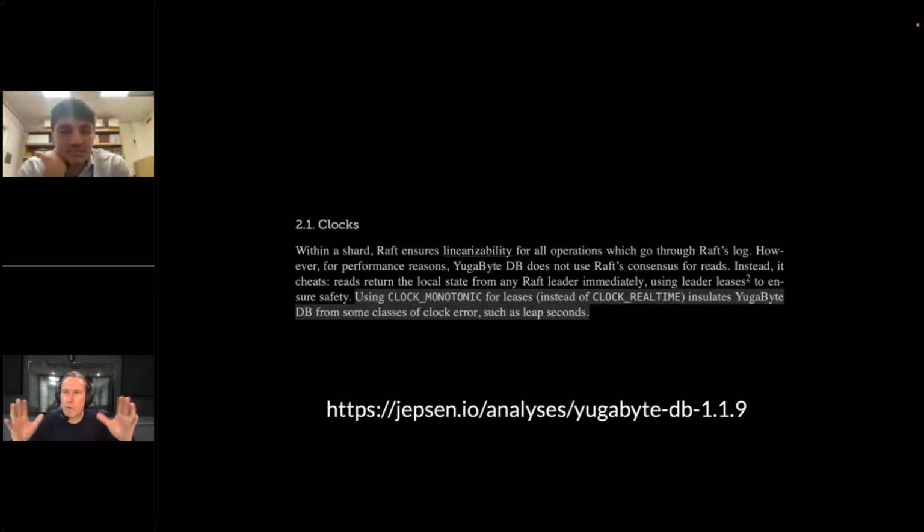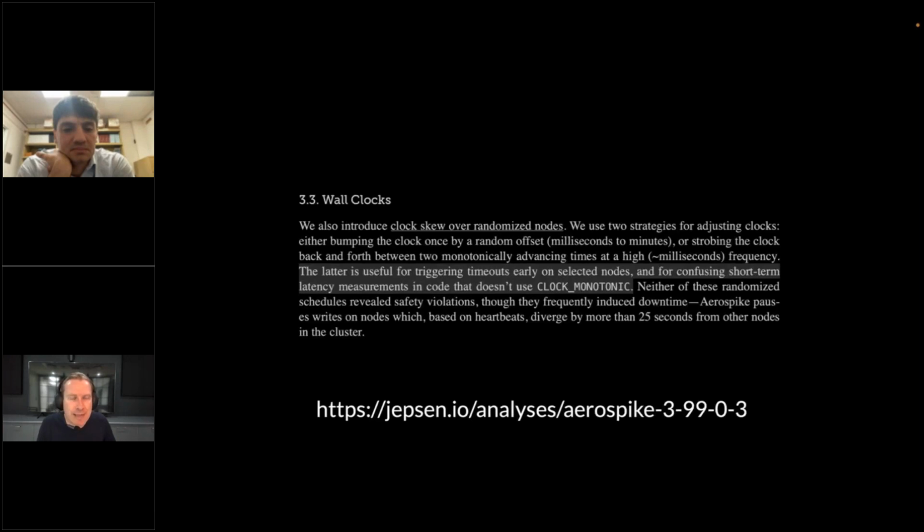Jepsen is famous for breaking distributed databases. And you get this idea from Jepsen too. Here's the Jepsen report for Yugabyte. Using clock monotonic for leases insulates Yugabyte from classes of clock error. So, this is what you want, according to Jepsen, use clock monotonic. Another Jepsen report for error spike. So the latter is useful for triggering timeouts.